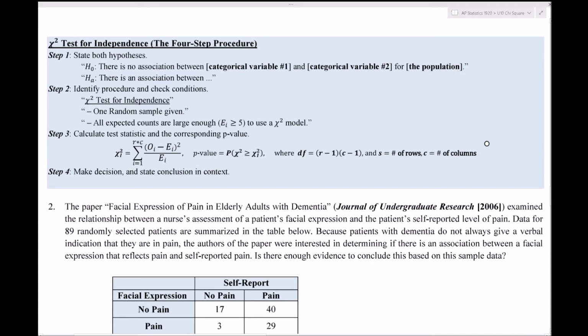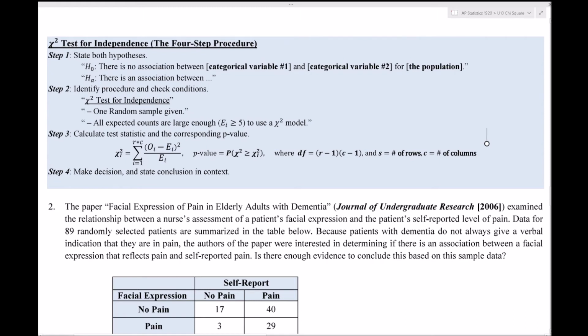Step 1, hypotheses. There is no association is the null hypothesis: categorical variable number 1, categorical variable number 2, for whatever the population is. I follow that template all the time. Step 2, identify the procedure you're supposed to be using: chi-square test for independence or for association, doesn't matter which word you use.